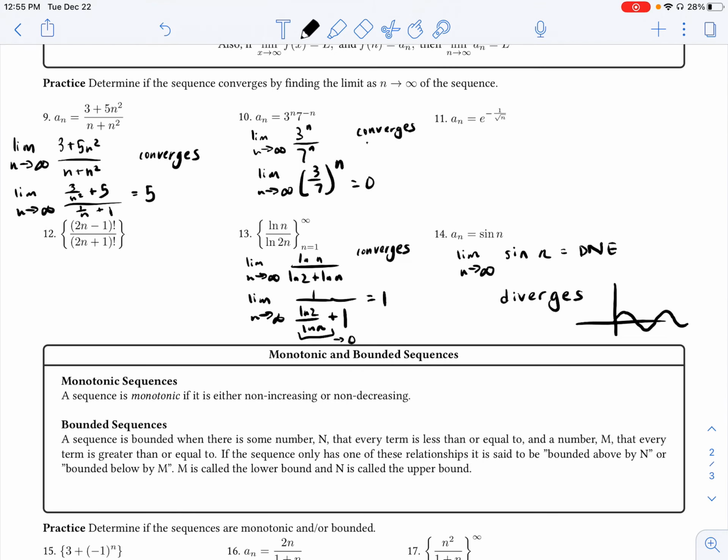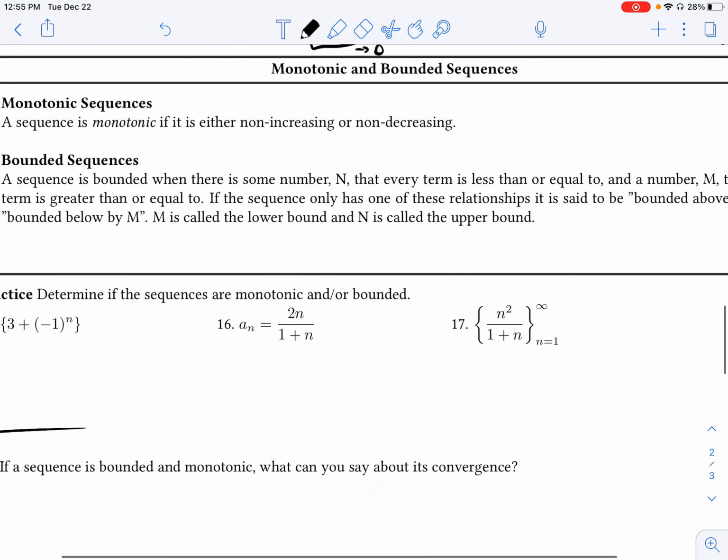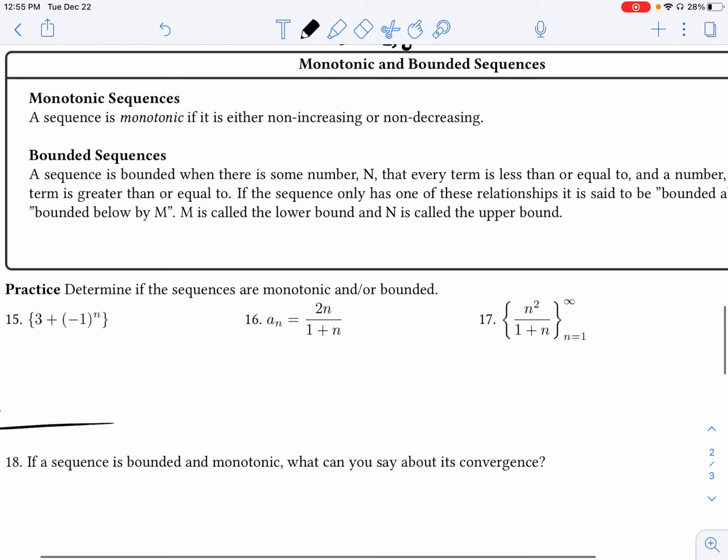in the classroom. But let's briefly talk about monotonic and bounded sequences. So we talked about monotonic functions earlier in the year as functions that are entirely non-increasing or entirely non-decreasing. In other words, the function doesn't change behavior.